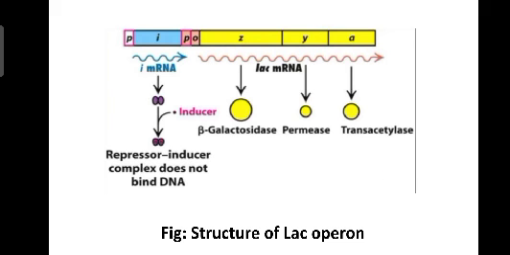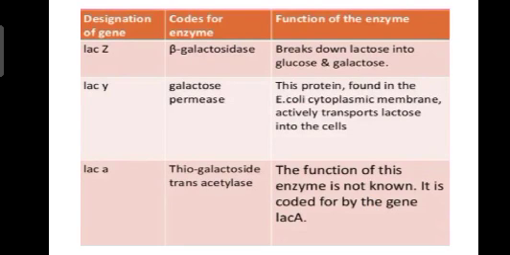Now this diagram shows the structure of lac operon, and here all the essential components of the operon are there, that is inducer, the operator region, the promoter region, and all the three structural genes. Now this table shows lac Z, the structural gene that codes for the enzyme beta galactosidase, and its main function is to break down lactose into glucose and galactose.